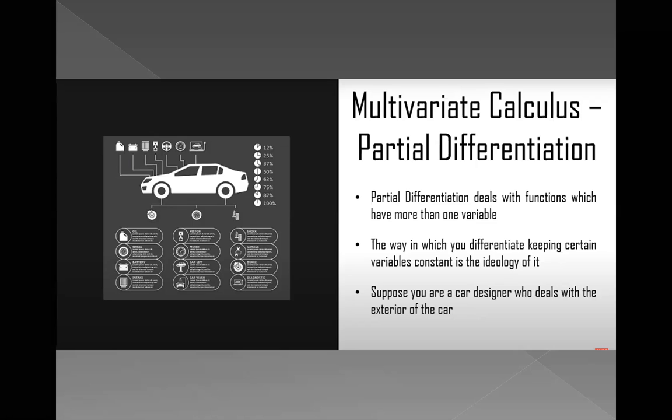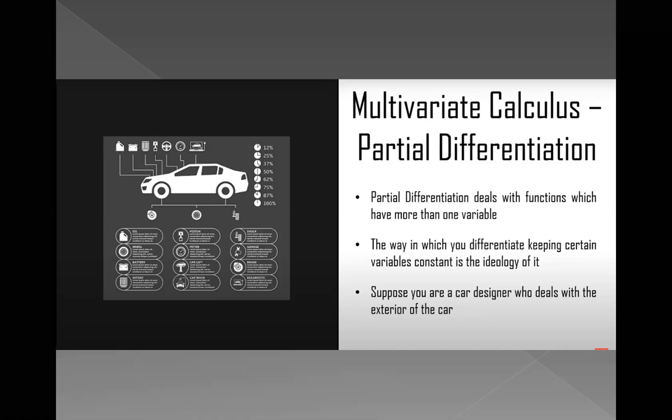So you are an exterior designer, and consider there is an engine section, a power section, a color painting section, and your exterior section. Right now you have to calculate the performance of the model by changing only your role.